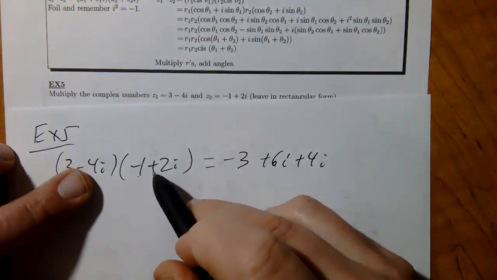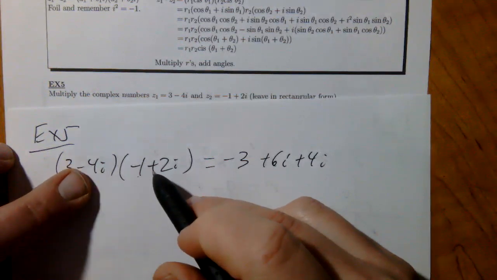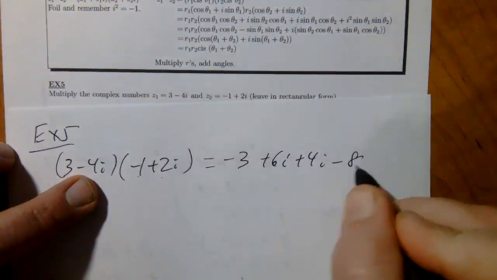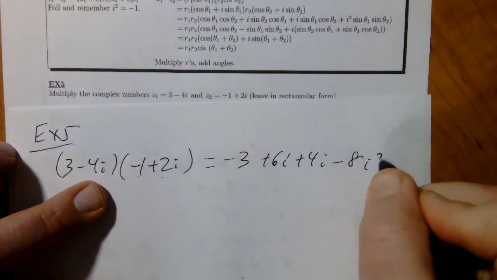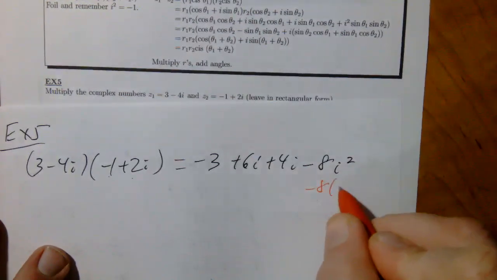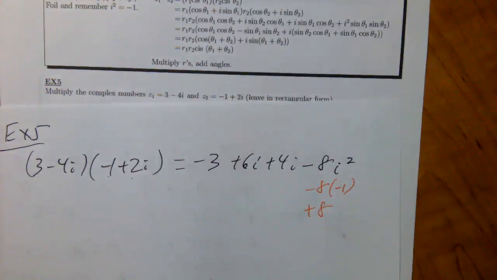And then here, the way I would do this is in three steps. First worry about the sign: a negative times a positive is negative. 4 times 2 is 8. And i times i is i squared. But keep in mind this i squared is really -1, which means you really have a +8 here.